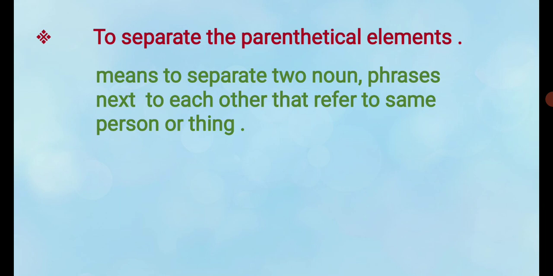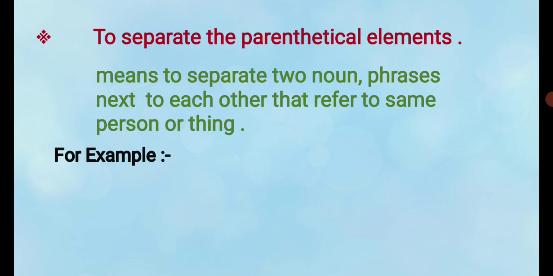Noun means person, place, animal or thing. For a single noun, we will use two different names for one person, one thing. At that time we will use a comma to separate them, when both the names are next to each other.